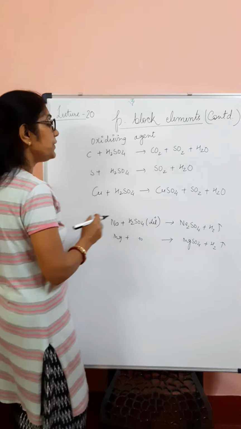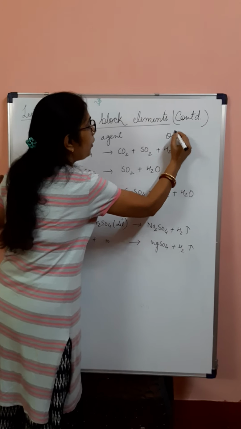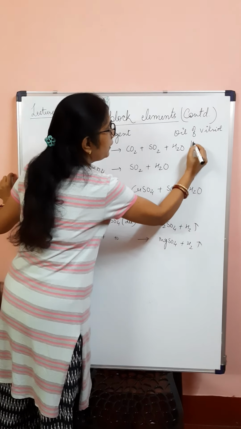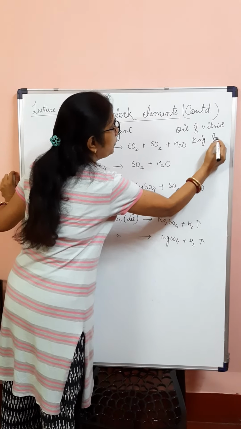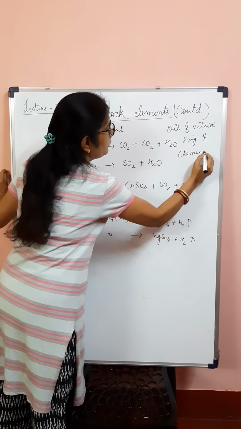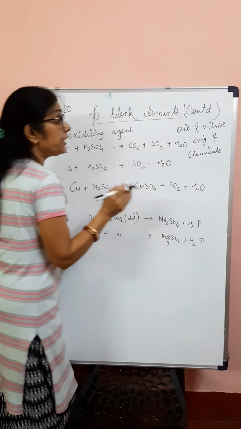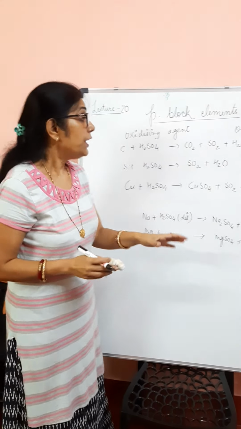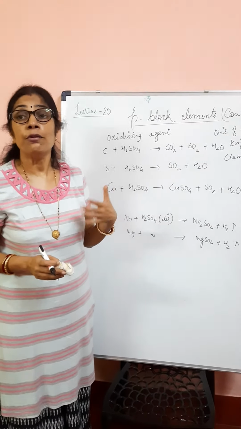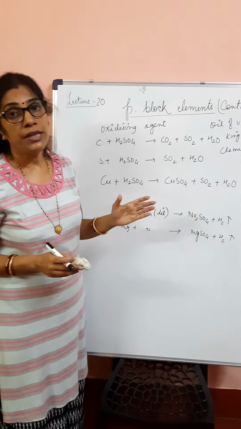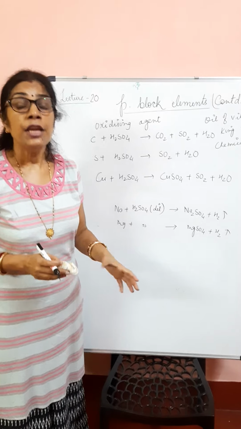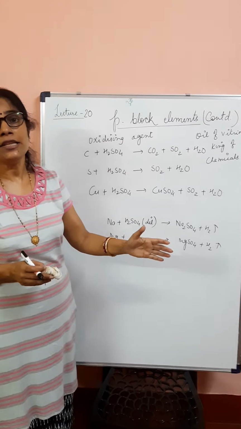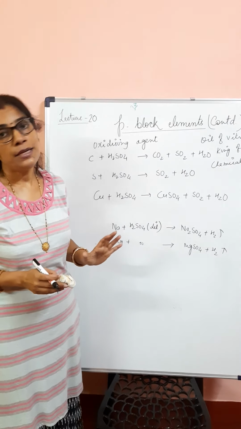It has two commercial names, oil of vitriol and king of chemicals. A nation's industrial strength depends upon the production of sulfuric acid. It is also used for the preparation of fertilizers, ammonium sulfate and so on, in metallurgy, in qualitative and quantitative analysis, and acts as a dehydrating agent, oxidizing agent and so on.